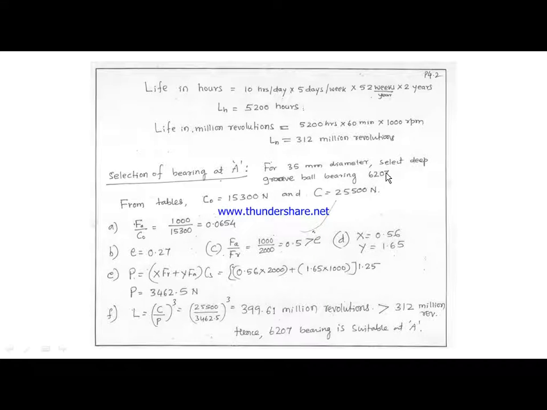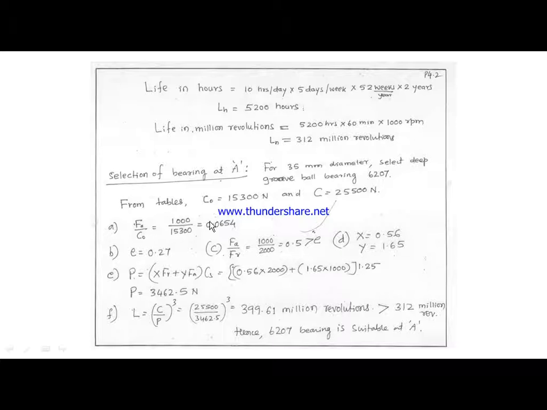If you multiply 07 by 5, you will get 35 millimeter, which is the bore diameter of the bearing. Now for this bearing 6207, referring to the table shown in one of the previous problems, the static capacity is 15,300 and the dynamic capacity is 25,500 Newton.